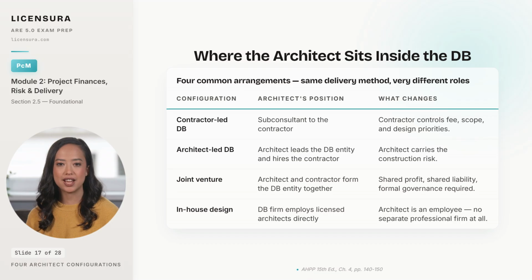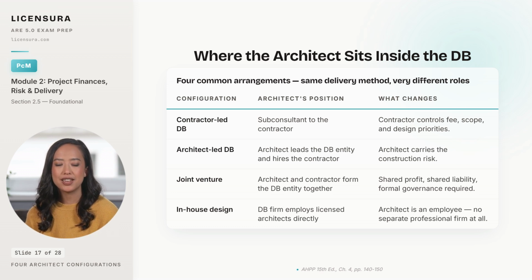The architect and the contractor form a separate DB entity together, which requires real governance documents and a thoughtful split of profit and liability. And in the in-house model, the design builder simply employs licensed architects on staff, which means there is no separate architecture firm involved at all. Same delivery method, four very different jobs.